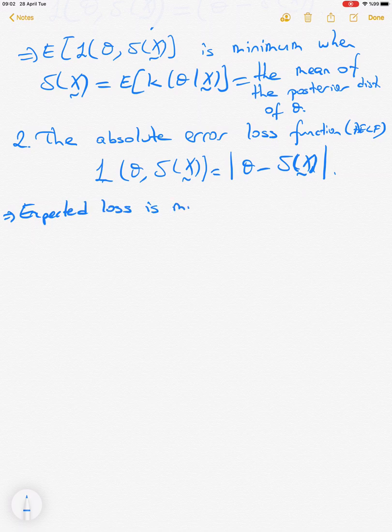So these are the most popular ones, when delta x is the median of the posterior distribution.